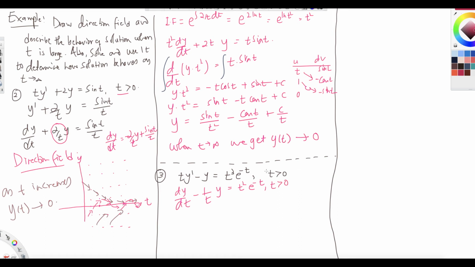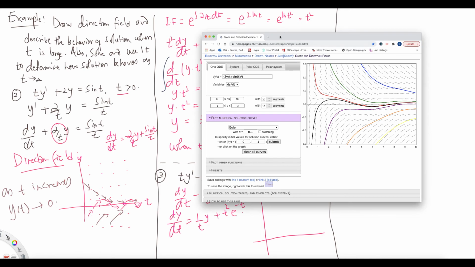First of all we need to plot the direction field, right? So how do I do that? If you solve this one, you get dy over dt equals 1 over t times y plus t squared e to the negative t. So we need to use that direction field app and plot the values there.